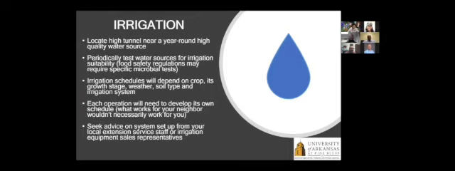Irrigation is the other thing that we want to touch on briefly before I wrap this up. You want to locate your high tunnel near a year-round supply of quality water. You don't want to be in a situation where you're fetching water from someplace, as that can add a cost to your operation. Periodically test your water source to ensure it's suitable for irrigation purposes.